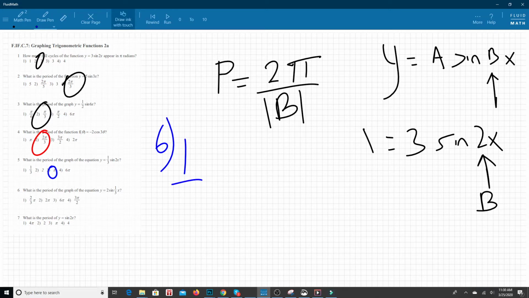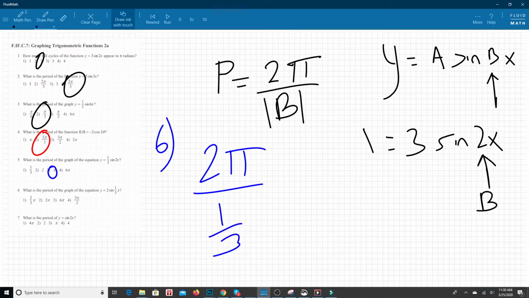It's gonna be 1/3. Wait, no. It'll be 2 pi over 1/3, which is going to be what? What's the answer over here? Let's try think, pair, share, guys. Well, think and share.